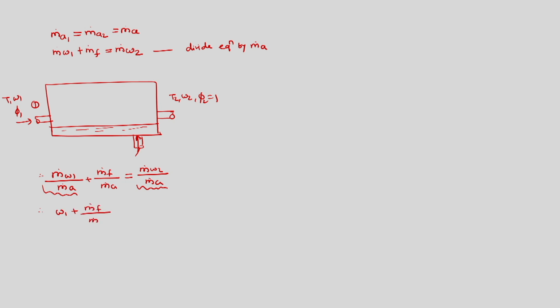So m dot F divided by m dot A plus omega 1 is equal to omega 2. So m dot F, how much makeup mass of water is required? That is equal to m dot A, the mass flow rate of air, into omega 2 minus omega 1.